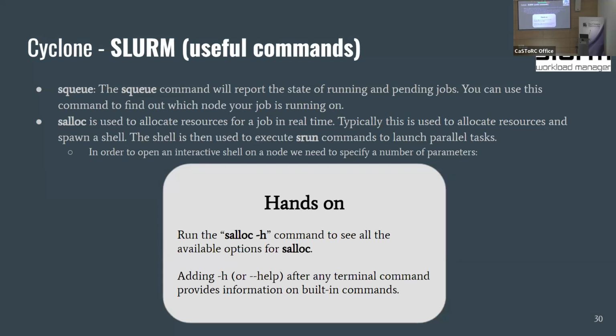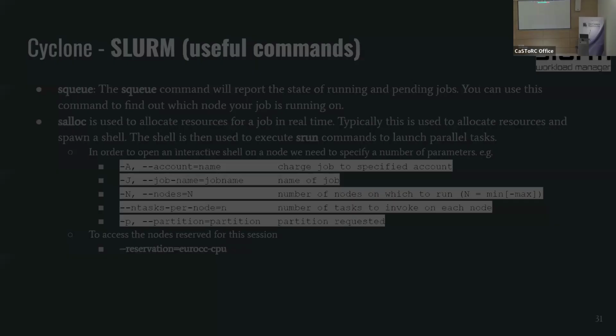I'm going to suggest running salloc -h. It will show you all the available parameters for this command. As you see, it's a lot. You don't need to define all of them. That or --help after a terminal command will provide information on built-in commands. So it's like a short manual for the command.